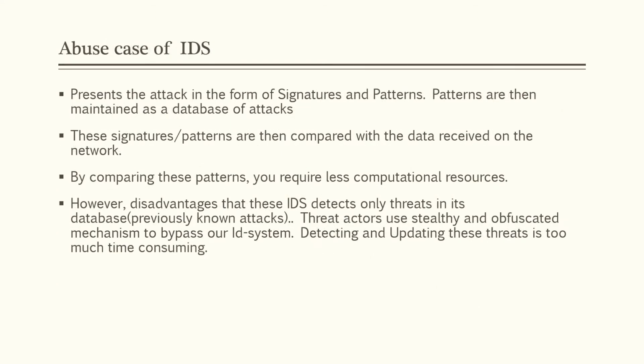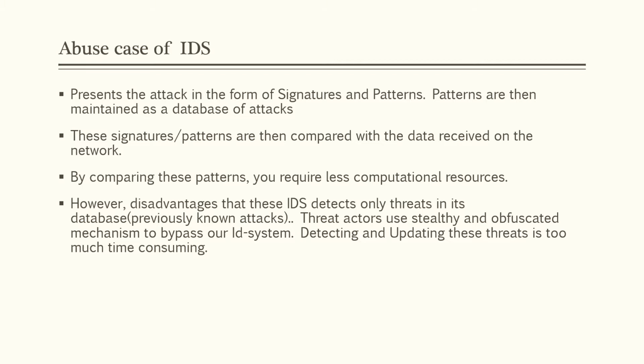Attacks are usually in the form of patterns or signatures, and all these are entered into a database. An example of such a database is the antivirus that we have today. It stores relational sets of patterns. When we have a system that has patterns, we compare such patterns with whatever data is received into the network.